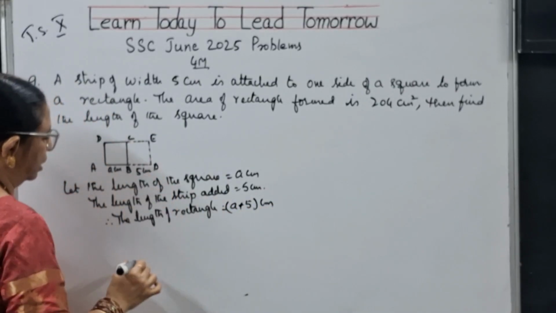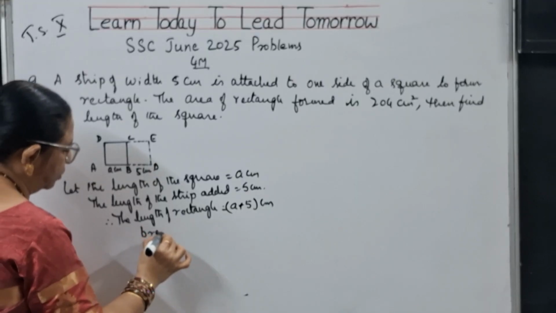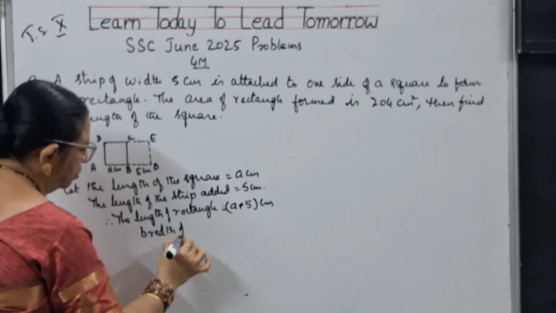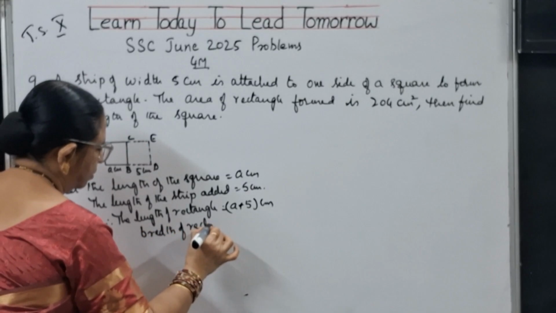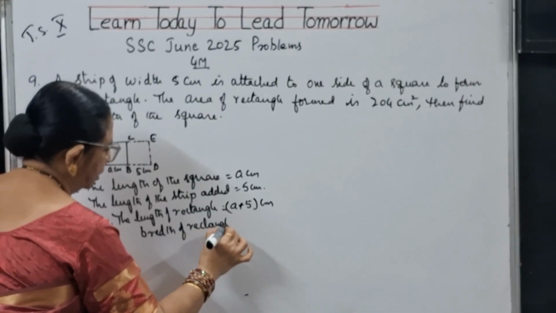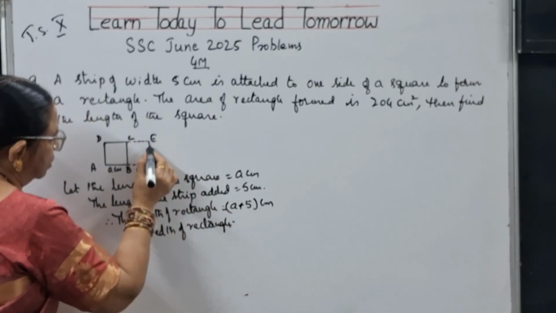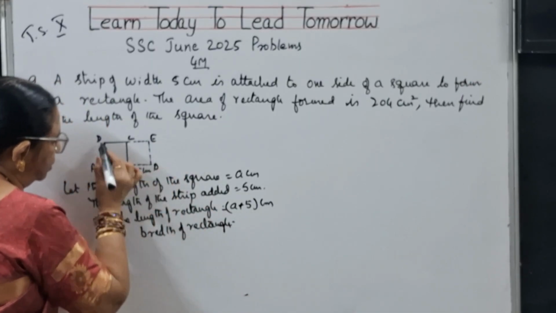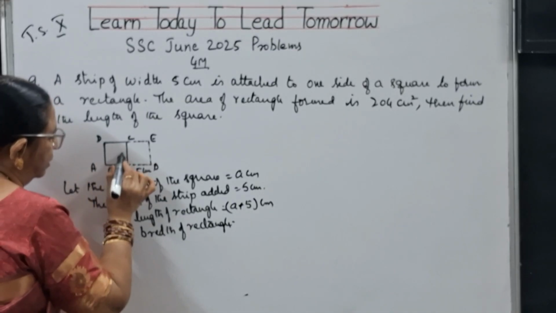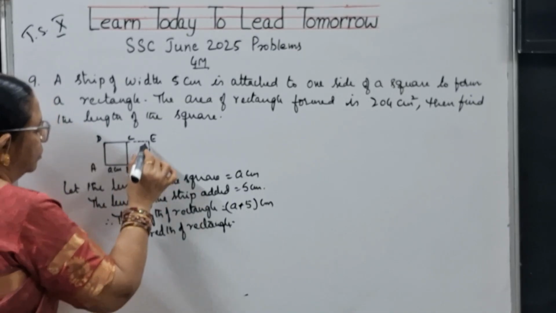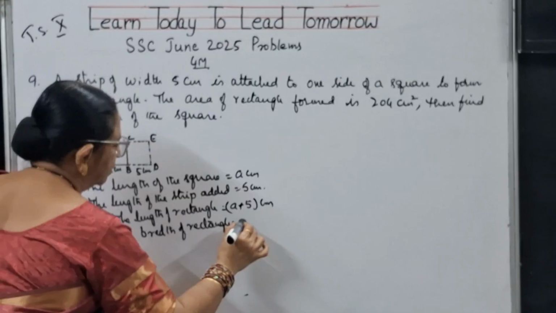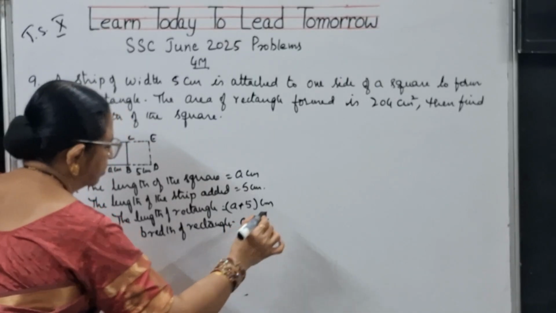From here you have to add. Then what is the breadth of the rectangle? This is nothing but, there is no change in the breadth, children. If this is A, this is A, this is A, this is A. So here also breadth is A centimeters.